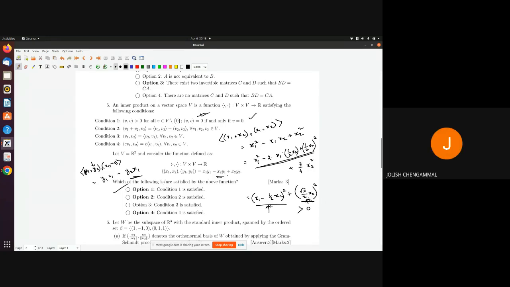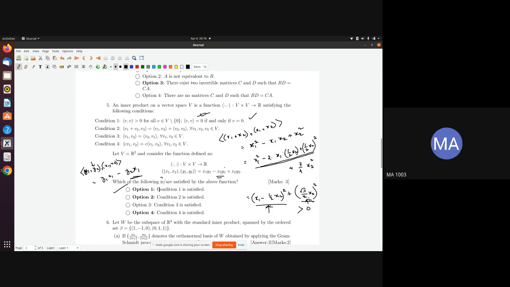If any part is coming like this, can we assume that this condition will never be satisfied? Actually, there is only one mixed term, right? One cross term is there. If there was another cross term like y2 x1, then it would be satisfied.